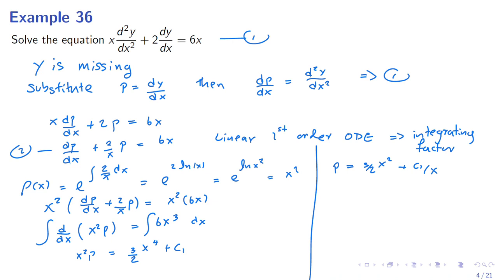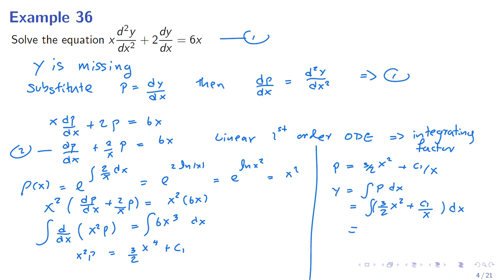That is P, which is the derivative of y. So y will be the integral of P dx, or the integral of 3 upon 2x squared plus C1 on x dx, which you can finish off. I'm not going to do that.